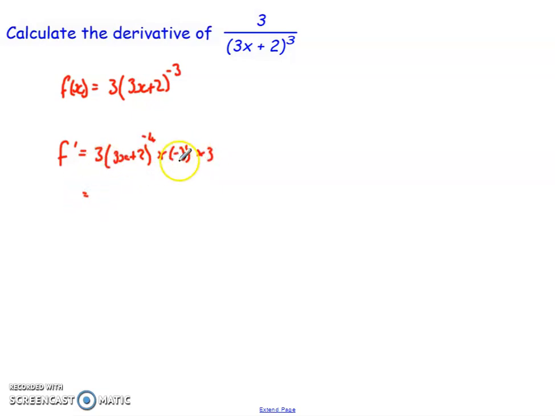So I'd have 3 times negative 3 times 3, which gives me negative 27, and I've got my bracket, 3x plus 2 to the negative 4. Let's change that power back to a positive and write it over (3x plus 2) to the power of 4. So there you go, one like that. We can bring it up, write it with a negative, and then take it from there.